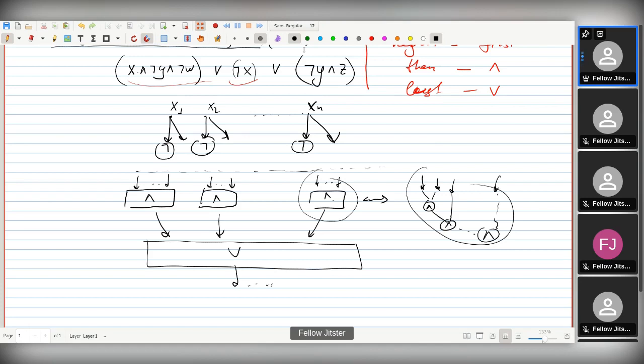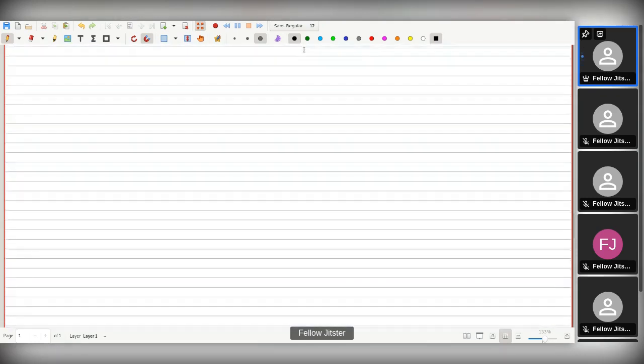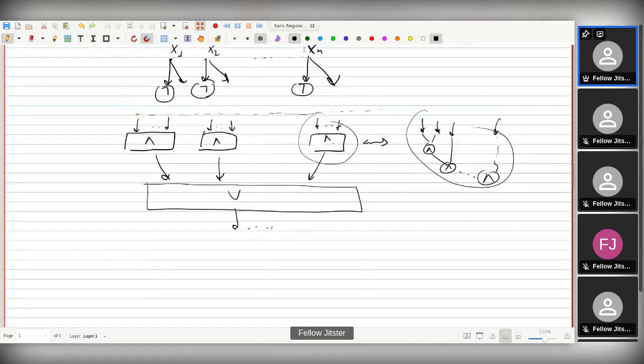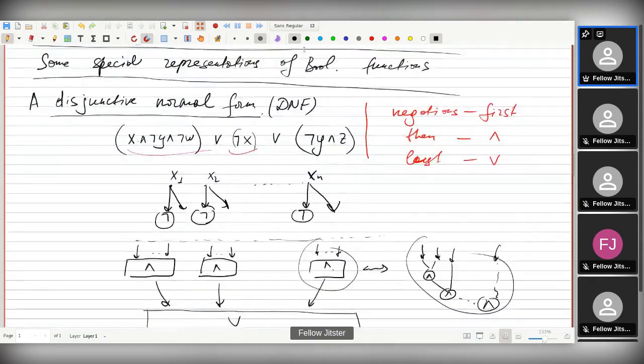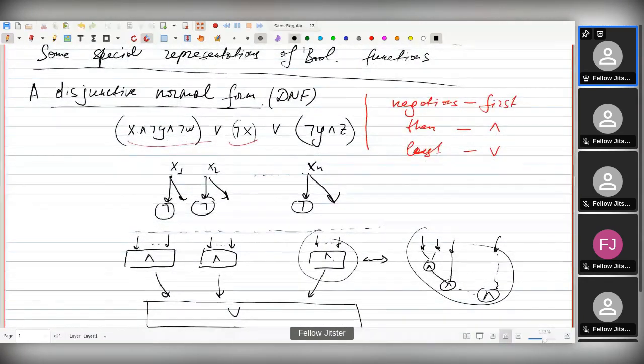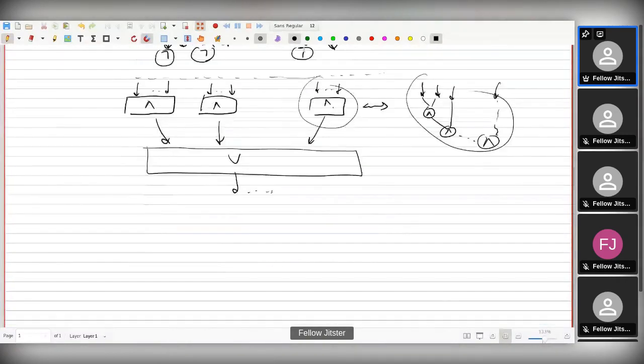So no disjunction before conjunctions. No conjunction after disjunctions. No negation after conjunctions. Is this idea clear? Okay.